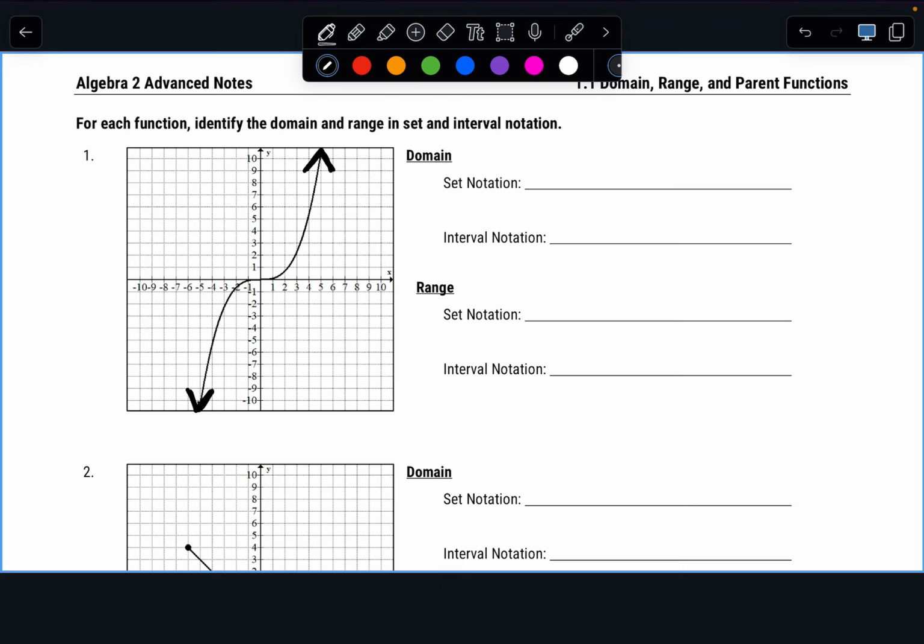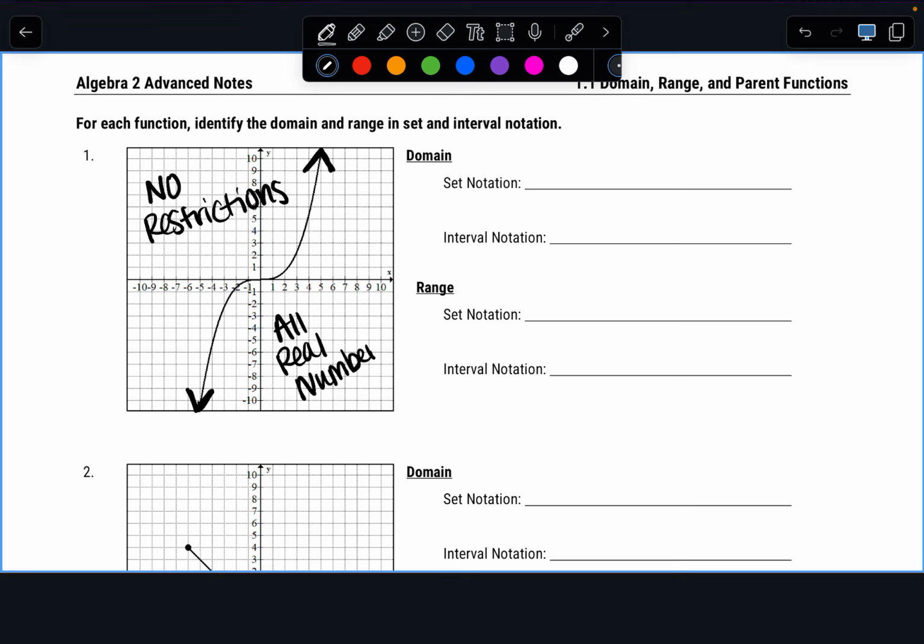So if there are no restrictions, and I'm going to make this note so that you can carry it over, no restrictions on your graph means we are going to include all real numbers all the time. So all real numbers.